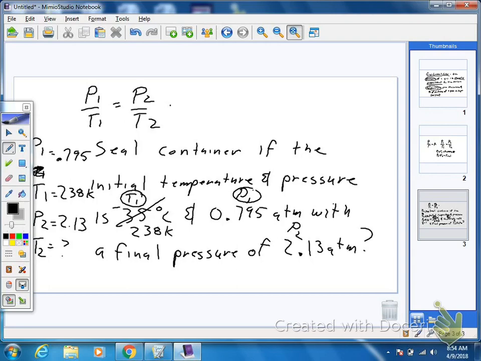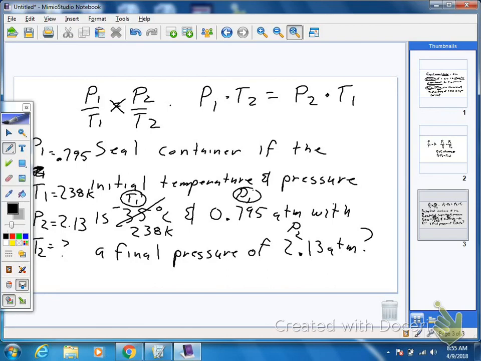Now this is the way I like doing it, and you guys don't have to do it this way. But what I'm going to do is make everything on one level plane, and not have anything in the denominator. So right away I'm going to cross multiply. So then it's P1 times T2 equals P2 times T1.